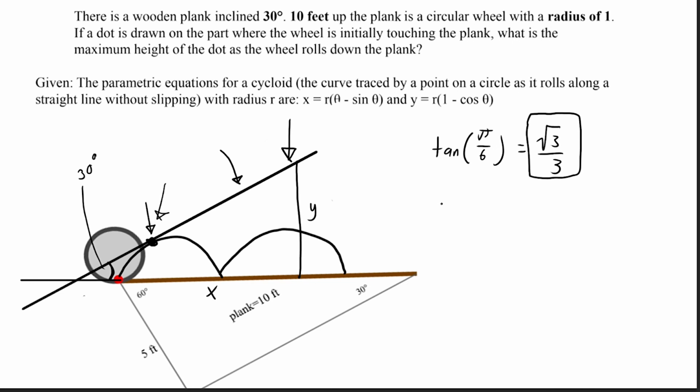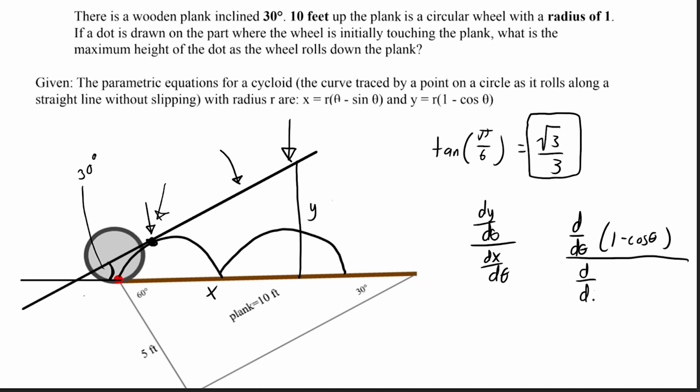So to find dy/dx for a parametric, you can do dy/d theta over dx/d theta. And so that's going to be d/d theta of the y component, which is going to be 1 minus cosine theta, since r is just 1, over d/d theta of the x component, which is theta minus sine theta.